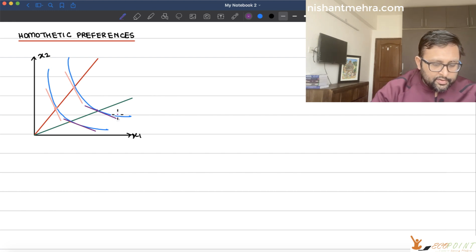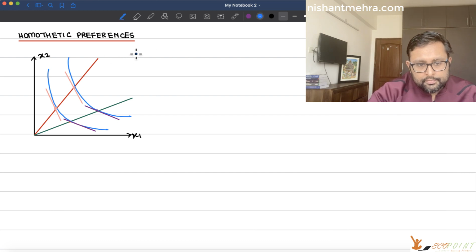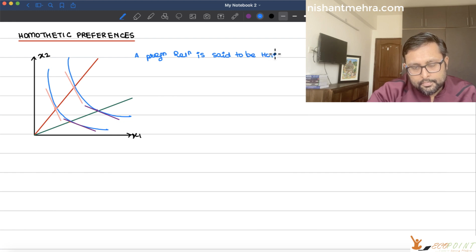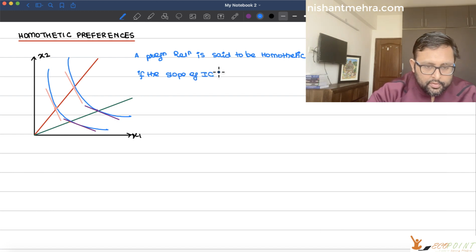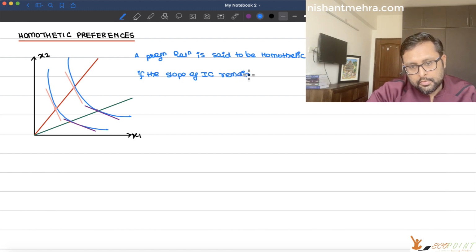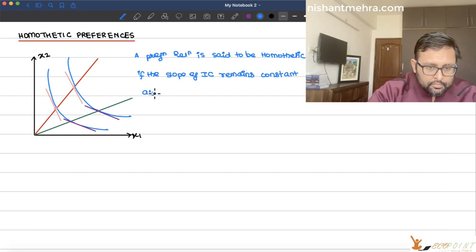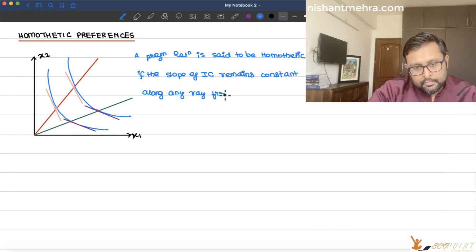Let us write slowly. So what is it that we have learned till now? That a preference relation is said to be homothetic if the slope of indifference curve remains constant along any ray from the origin.